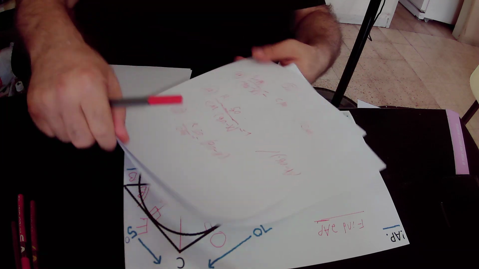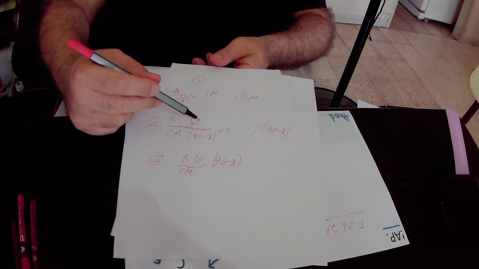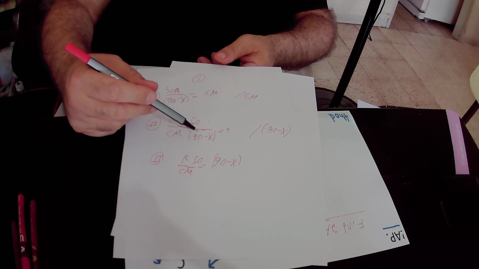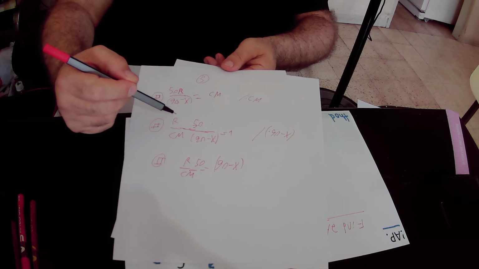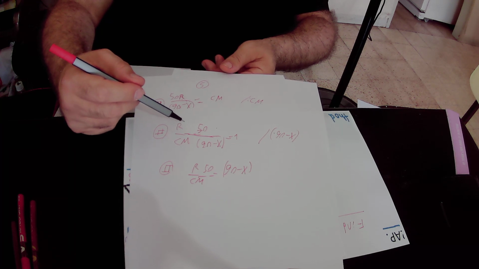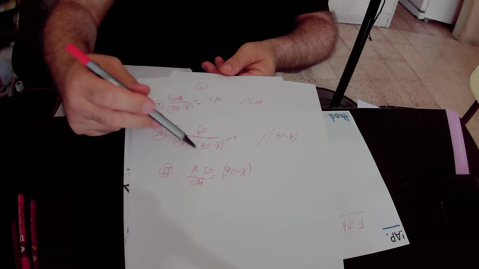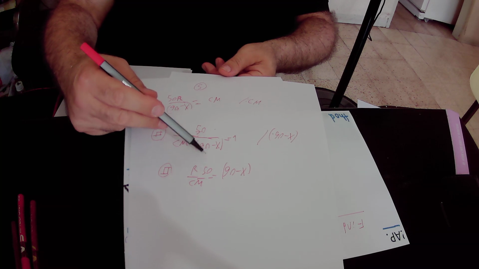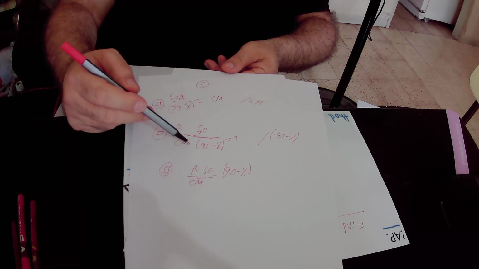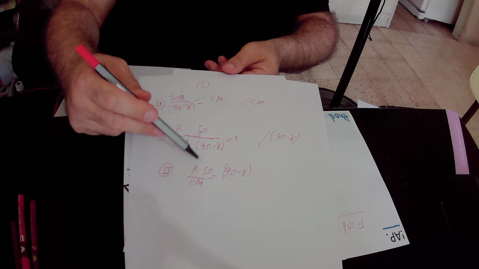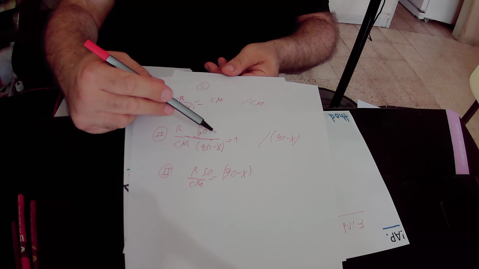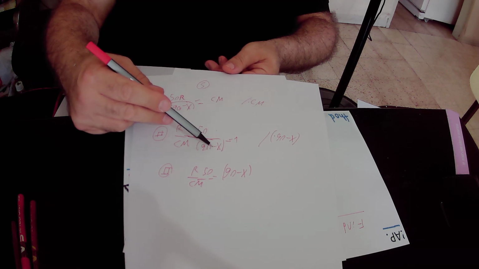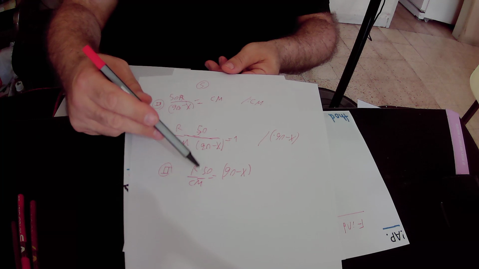And 90 minus 6 divided by 90 minus 6 equals 1, so from this equation we are left only with 50R over Cm, because 90 minus 6 divided by 90 minus 6 is 1, so it is cancelled from the expression, and we are left only with 50R over Cm. Okay, because Cm over 90 minus 6 over 90 minus 6 equals 1.